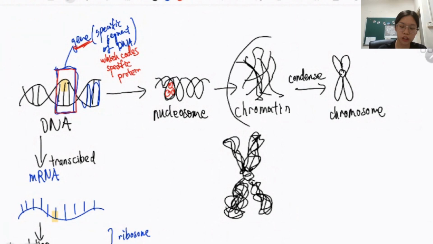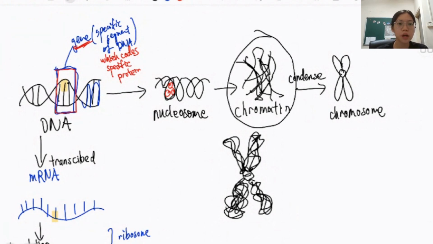But most of the time it will be in chromatin form, because it is easier for transcription and translation and the protein synthesis process, because of this noodle strand shape, it's easier to transcribe into mRNA for the coding of the protein.